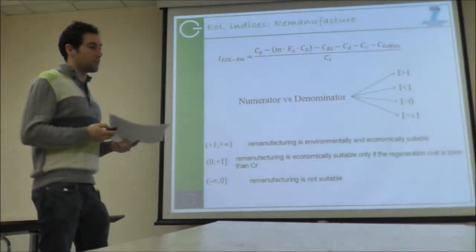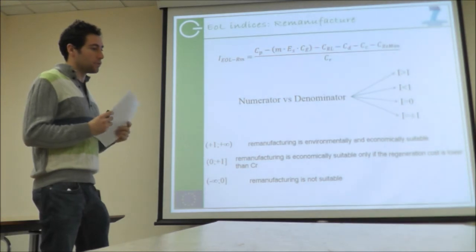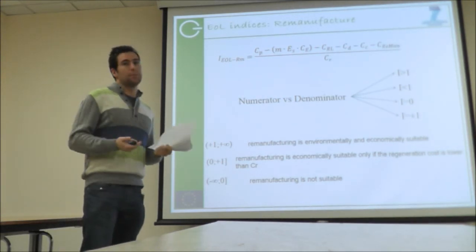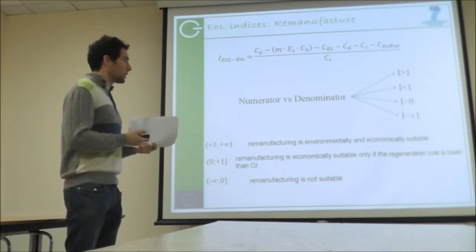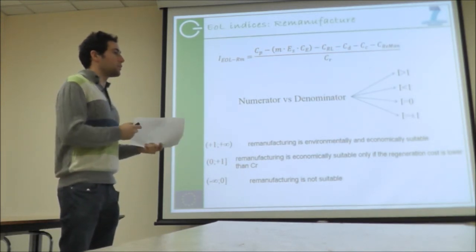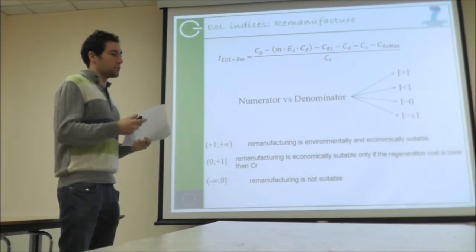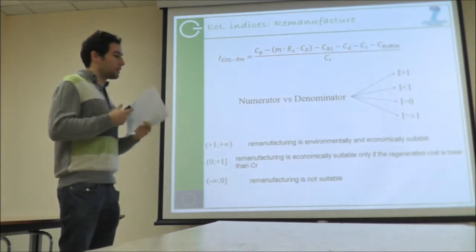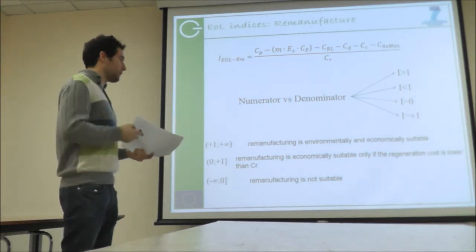Because when we remanufacture something, we have to take into account that we will have some expenses. Instead, in the case we reuse, we do not spend any money for it. But if we are remanufacturing, then we will spend some money, so the benefit will be lower.